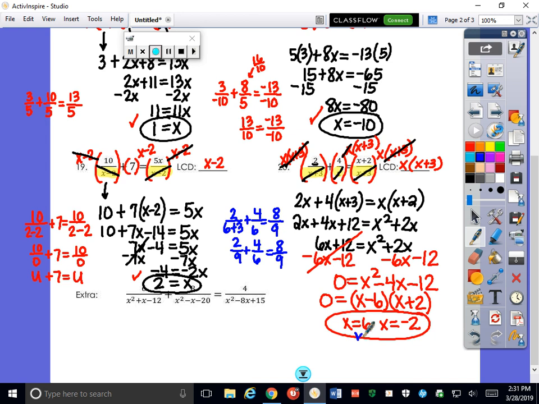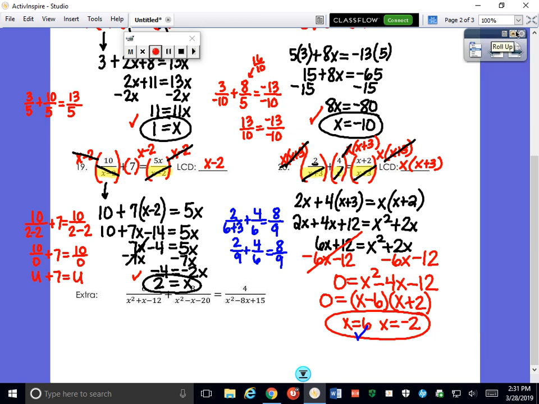So 6 works. And then when I do the same thing for negative 2, every place I'm going to have 2 minus 2, which is 0. And so negative 2 works as well.